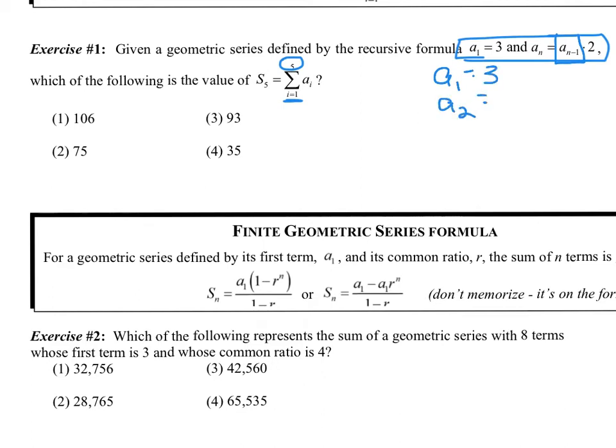My A2, I'm taking my term before, multiplying it by 2, and getting 6. My third term, I'm taking my term before, multiplying it by 2, and getting 12. And I'm going to go all the way up to the fifth term.